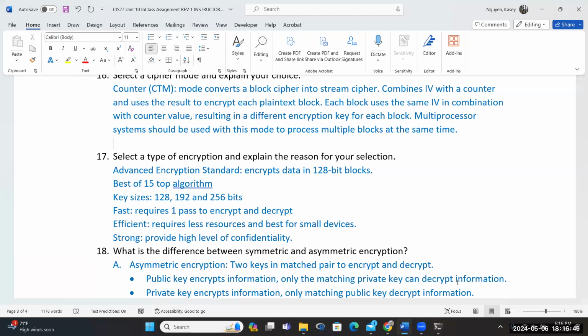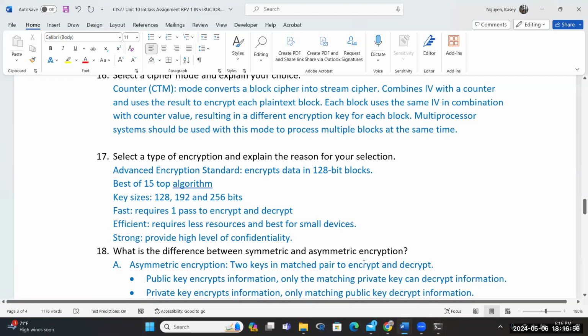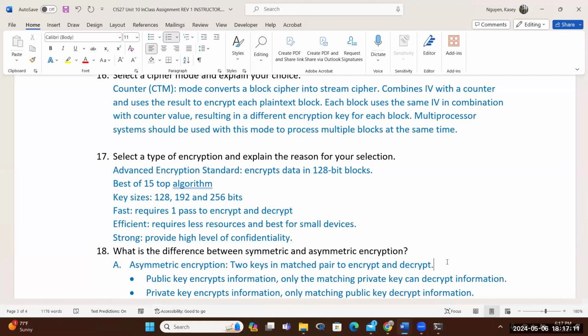So I can use my public key to encrypt the information only if the matching private key can decrypt. So when you use this encryption like RSA, Rivest-Shamir-Adleman, right, you would generate two keys. One key the system is going to use to encrypt, and the other key you're going to use to decrypt.